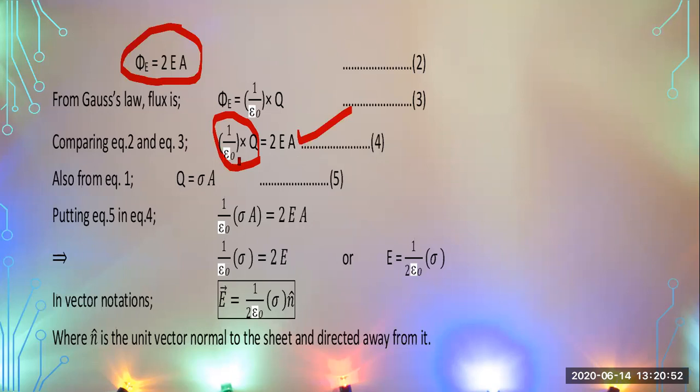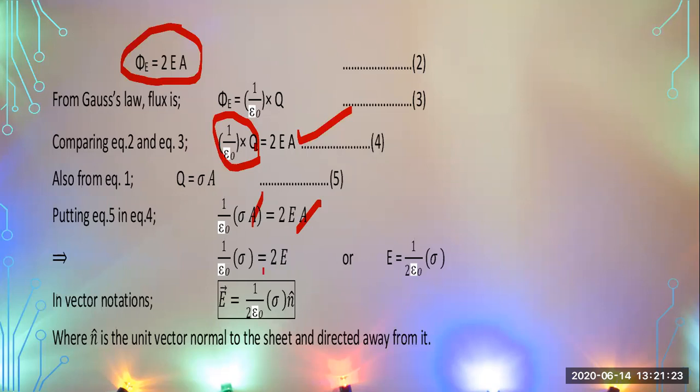If you compare these two, after comparing, this area cancels with this area, so you get 1 over epsilon naught times charge density equals 2E. This is the definition of charge density: given the density of the charged surface and the area of that surface, you can calculate the number of charges.